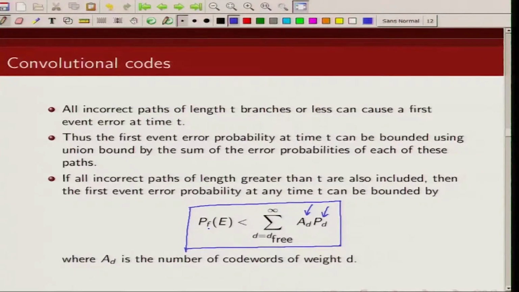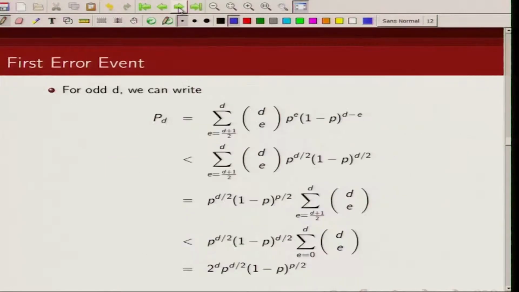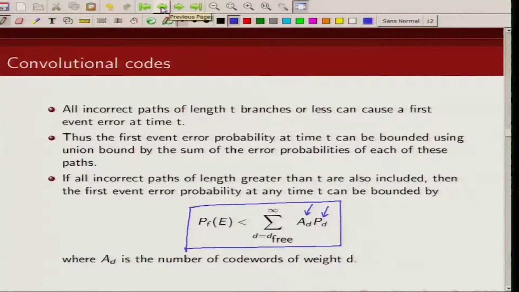Now, can we make use of the weight enumerating function of the convolutional code to calculate this? This is what we are going to show. So, let us first try to simplify the expression for the probability of first event error.